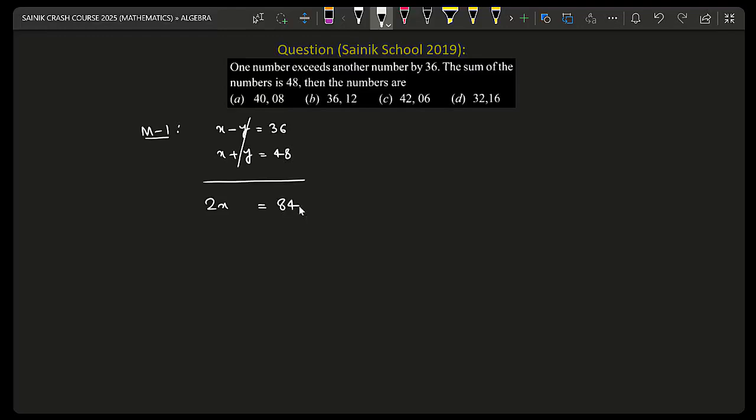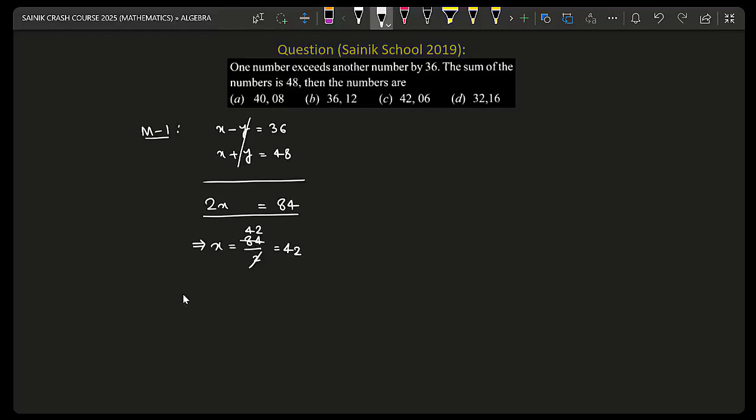So 2x is equal to 84. Is this a simple equation? Yes, sir. How to solve for x? Sir, 2 is multiplying, transpose it, divide. So 84 divided by 2. What is the answer? Sir, 42. 2 2s are 4. It is 42. Okay.